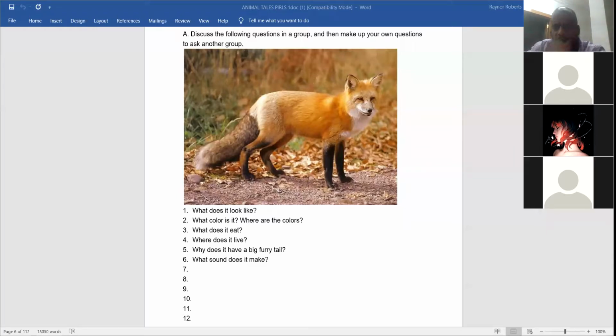Last question. What family do you think foxes are relatives to? What other animals do you think foxes are related to? Well, they are mammals. So foxes are mammals for sure.